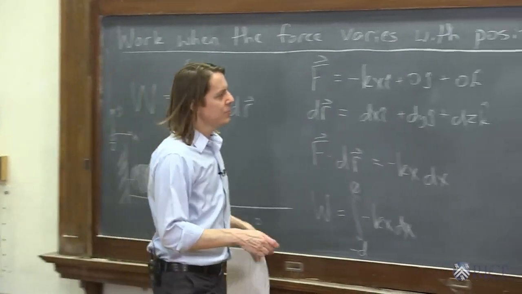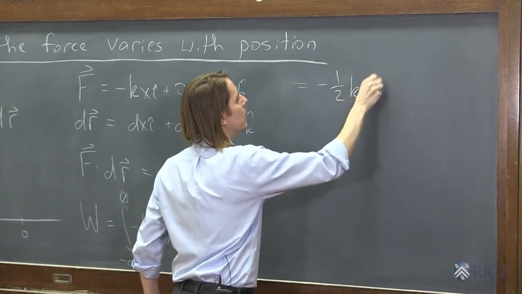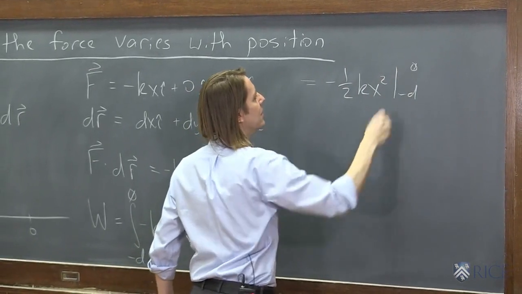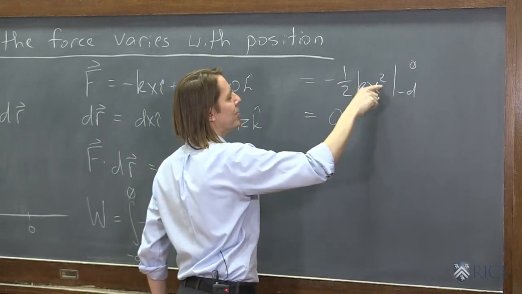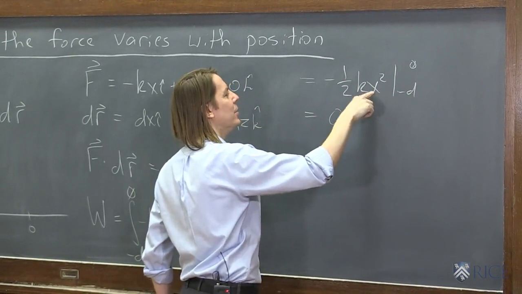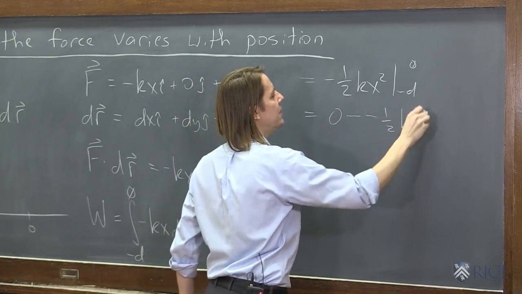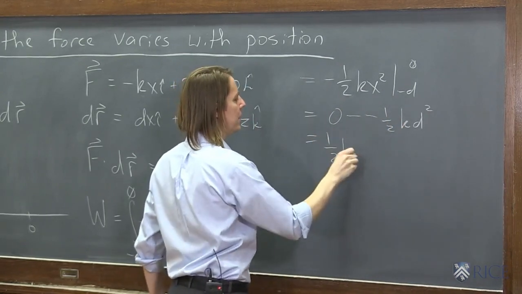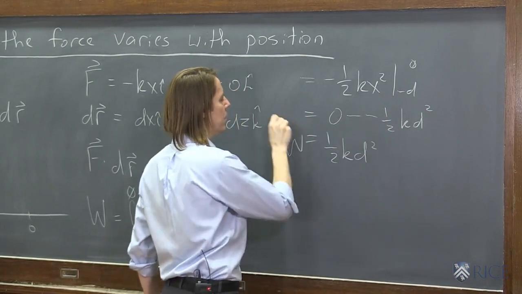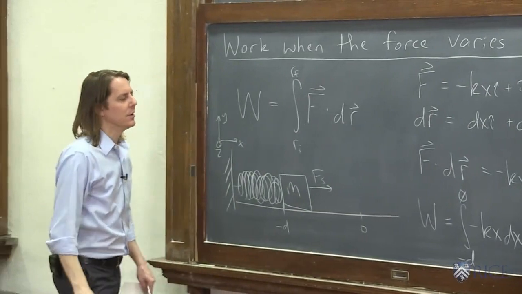It is equal to minus 1/2 kx squared evaluated from minus d to 0, which we plug in 0, we get 0, minus, we plug in minus d, squared is d squared, so minus of minus 1/2 kd squared. And of course that becomes positive 1/2 kd squared. That's the work that the spring did on the object.